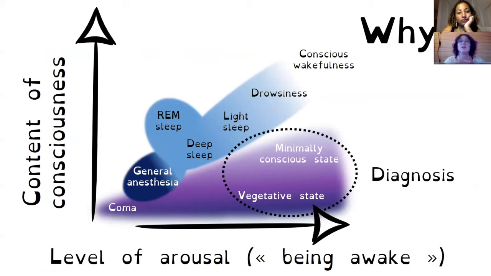You can easily imagine that it's very difficult to see if a patient is in a vegetative state or a minimally conscious state. So one way could be to improve the diagnosis. Keep in mind that in the minimally conscious state, you have a content of consciousness. So it's really important to know if the patient is somehow conscious or not.